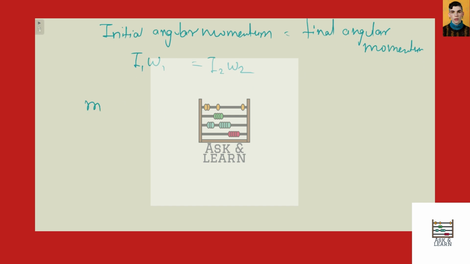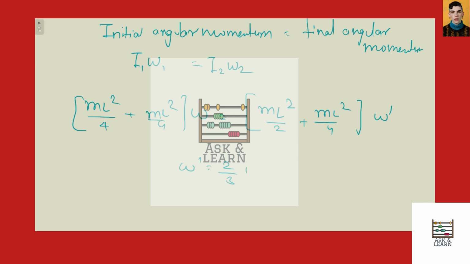So (ml square upon 4 plus ml square upon 4) into omega is equal to, this comes out to be, (ml square by 2 plus ml square by 4) into omega dash. From here we get the value of omega dash, that is 2 by 3 times omega. This is the new angular speed of the rod.